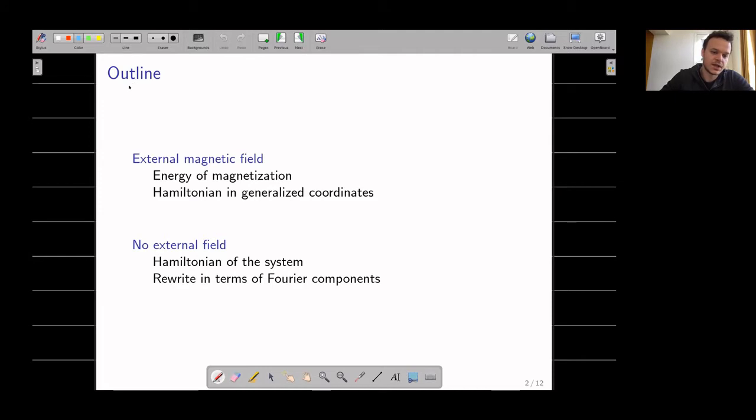At the second stage, we're going to discuss the system with no external field, and we're going to be interested in the fluctuations of magnetization as a function of position, and try to determine an equivalent Hamiltonian, which will turn out to be the same as the Hamiltonian of a harmonic oscillator.